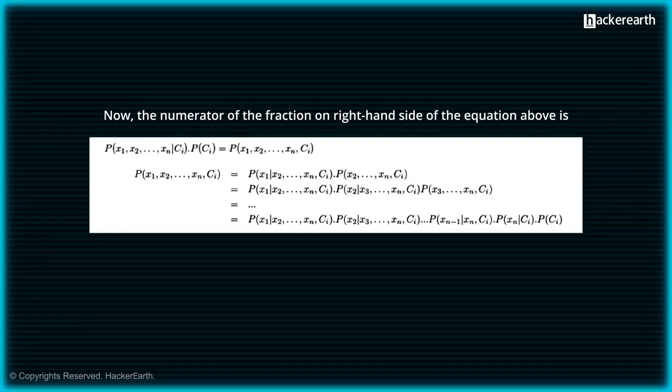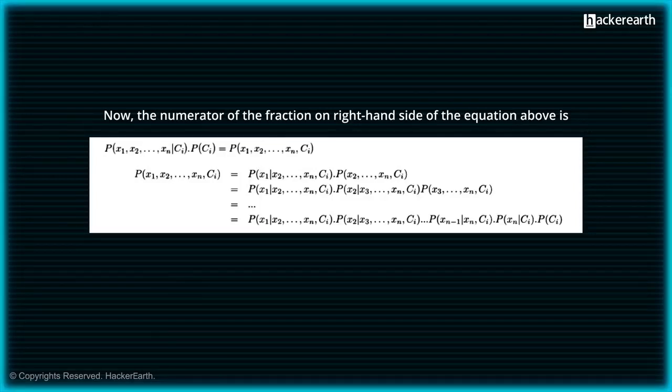P of x1, x2, xn, Ci is equal to P of x1 given x2, x3, up to xn, Ci, times P of x2, up to xn, Ci, which is equal to P of x1 given x2, x3, up to xn, Ci, times P of x2 given x3, x4, up to xn, Ci, times P of x3, x4, up to xn, Ci.